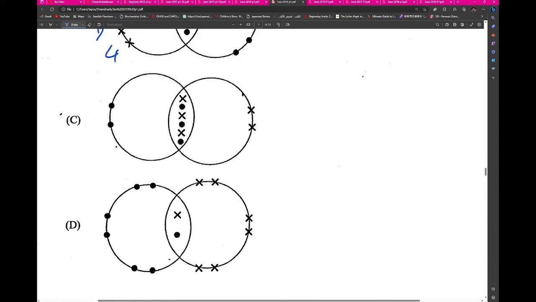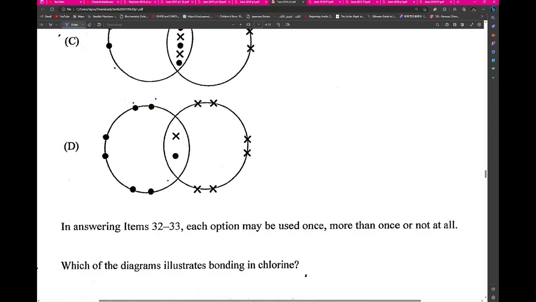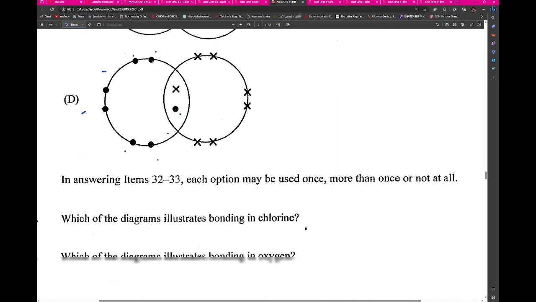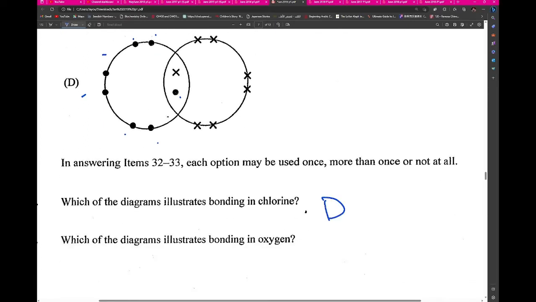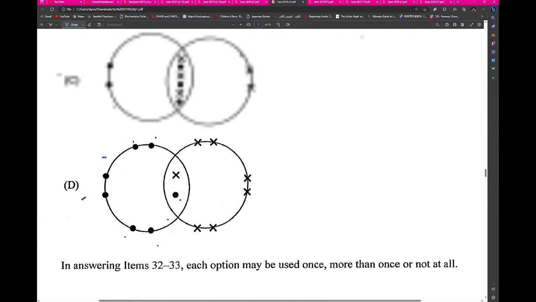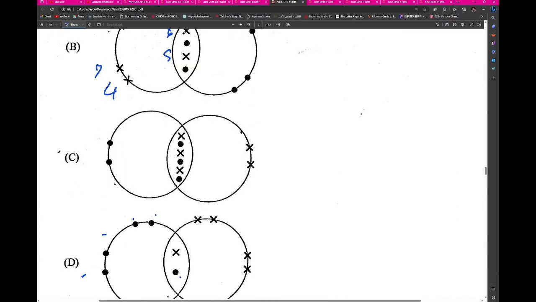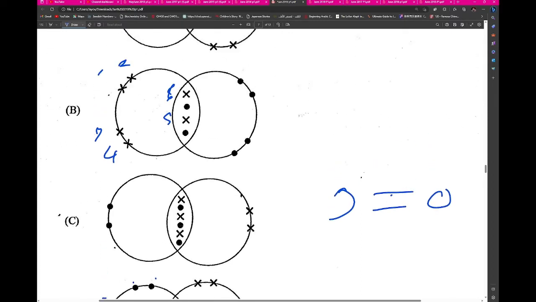Chlorine, remember, has a single bond: 1, 2, 3, 4, 5, 6, 7. D would be chlorine. Which diagram shows bonding in oxygen? Oxygen would be a double bond. So which one shows a double bond? This shows a double bond, right? 1, 2, 3, 4, 5, 6.